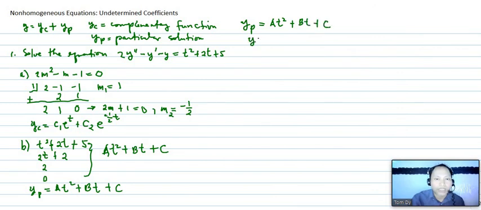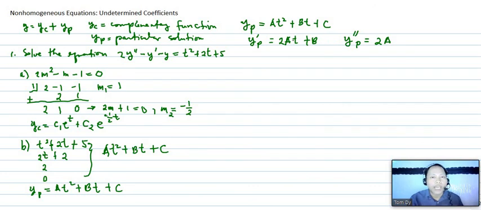Then y sub p prime, the first derivative, is equivalent to 2a times t plus b. And then the second derivative of y sub p is equivalent to 2a.